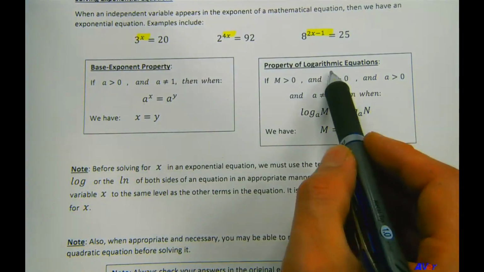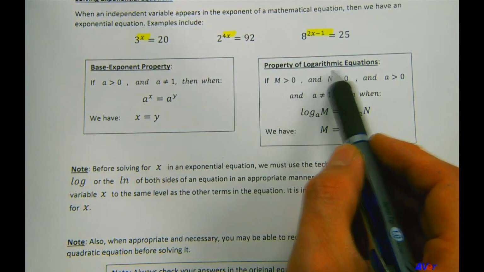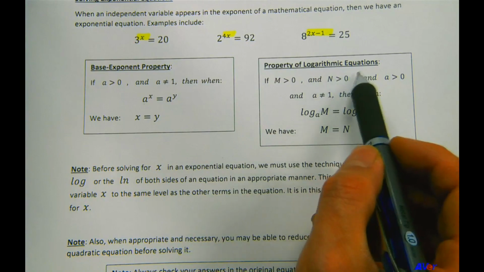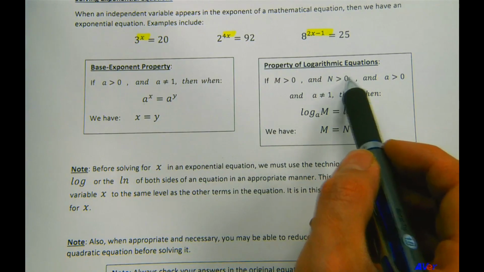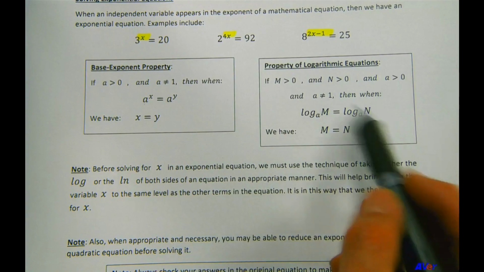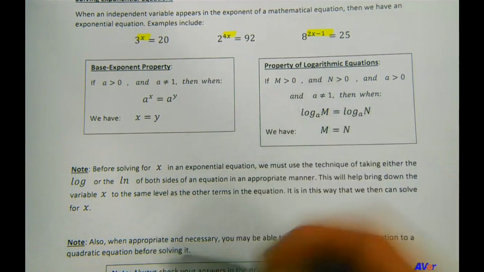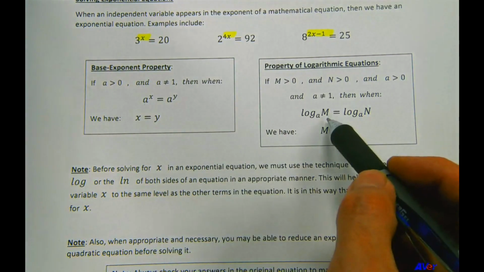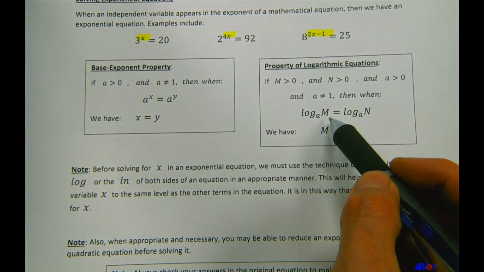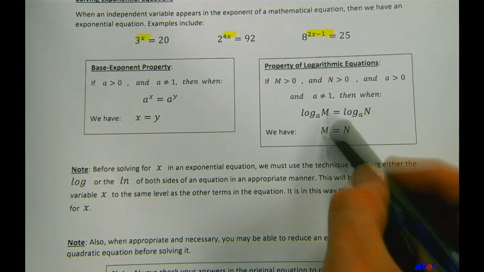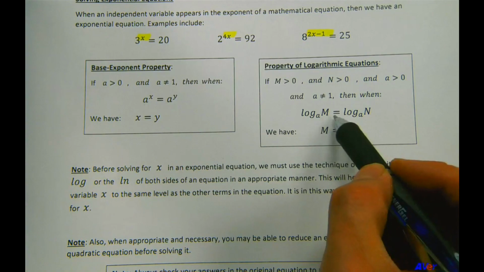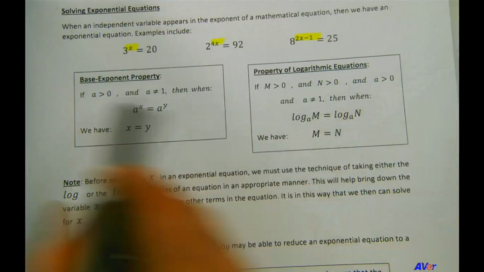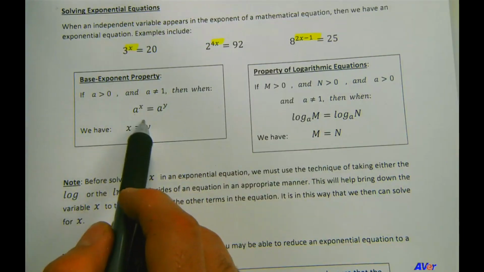Now, we introduced properties of logarithmic functions or equations in the previous video, right? So in this section, we will apply those to solve logarithmic equations. This is very similar to the base exponent property.